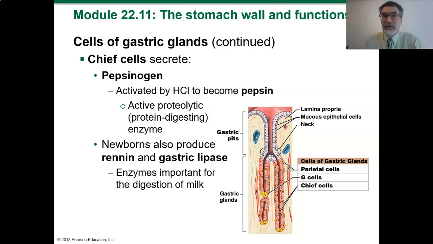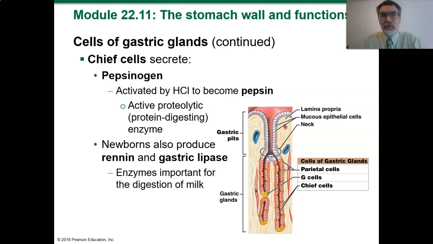So their stomachs are designed to help digest the milk proteins. Renin would also be something you would use often in the production of many cheeses. So for many cheeses, you're using this rennin material to help break down and produce the material you need for producing cheeses.